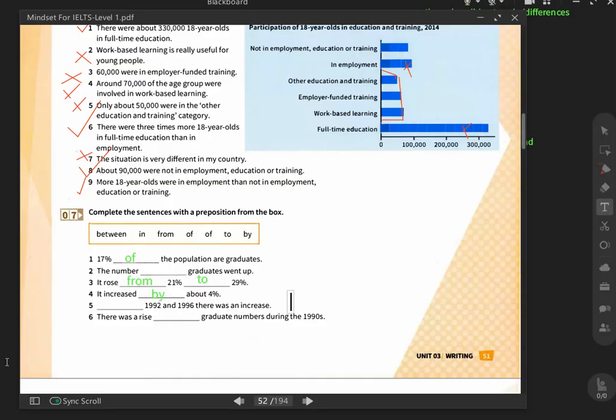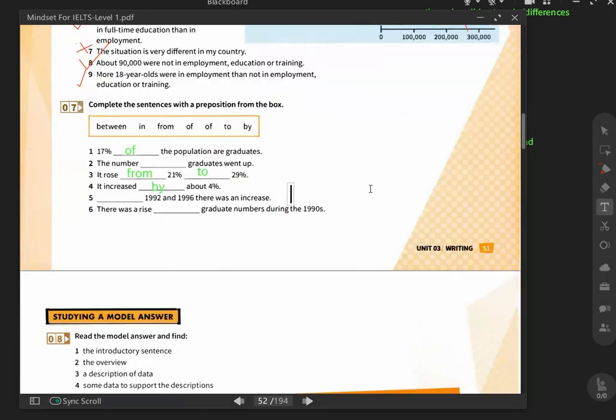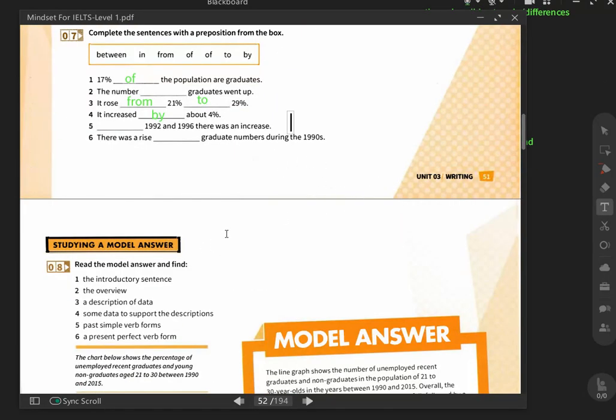Excellent. There was an increase and there was a rise. There was a rise in graduate numbers during the 1990s. Perfect. 1990s. Very good.